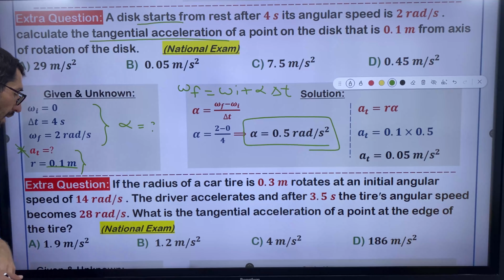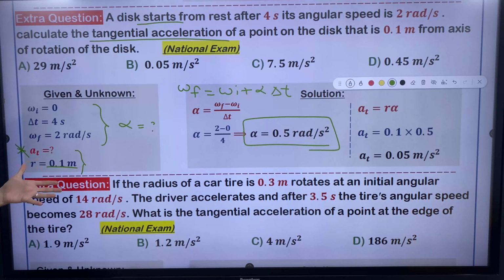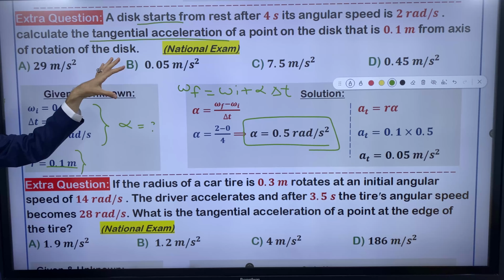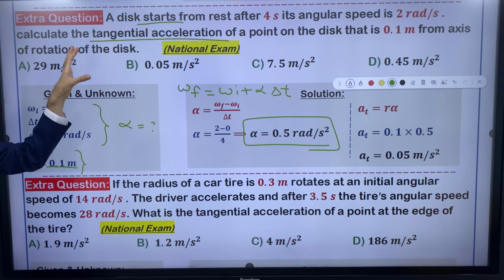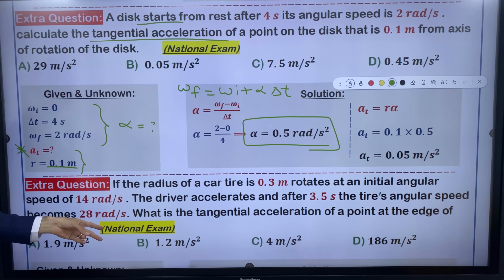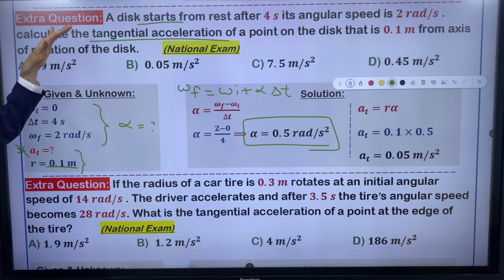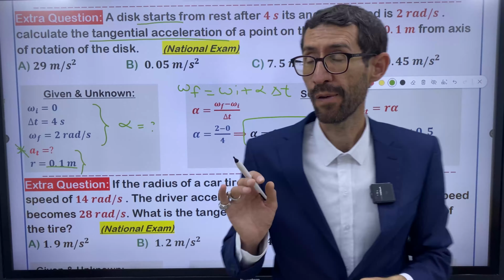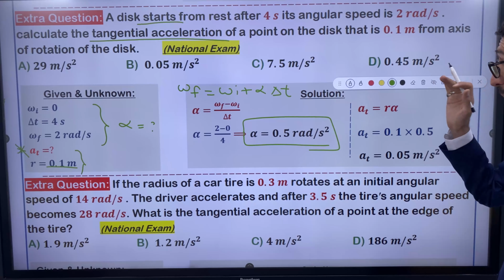That's it, right? We have one more extra question that looks like this question. This question is a question of national exam as well. Both of these problems are questions of national exam. Focus on these problems.